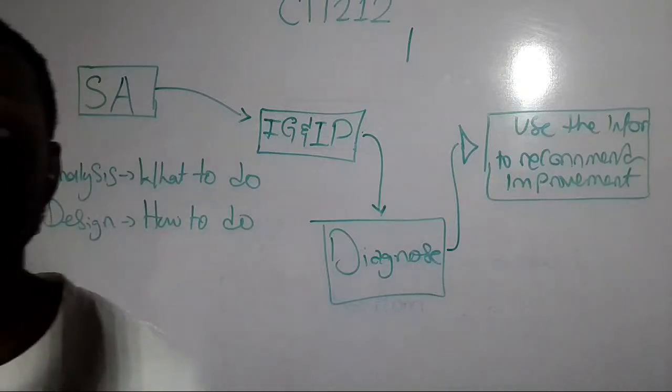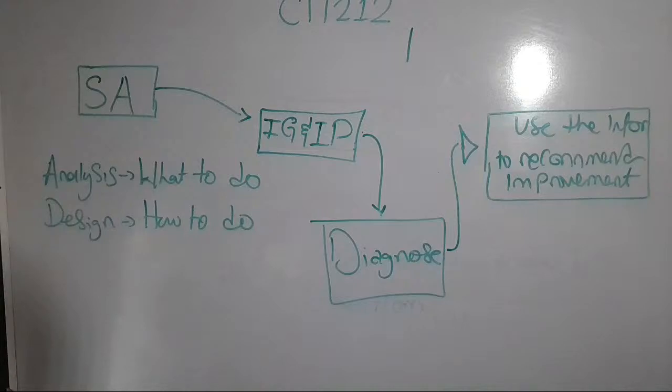So now let's go straight to what it says here. It says, what is a system? We said something about system analysis and design. So what is the system itself?